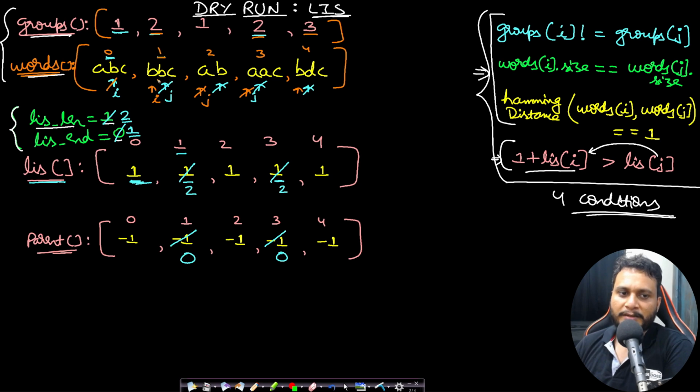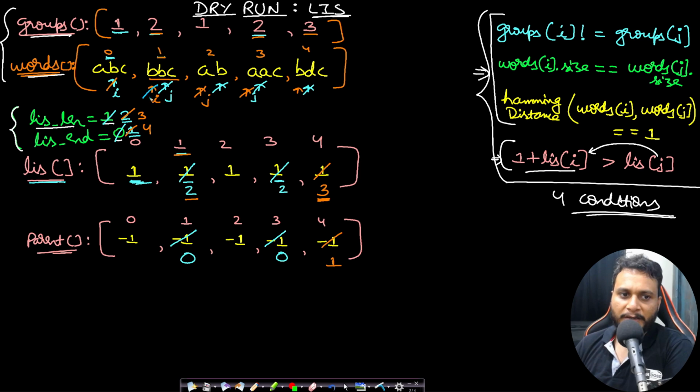So the length of lis ending at index 1 is equal to 2. So it will be 2 plus 1, which will be 3. Now this 4 got updated by 1. That means its previous item must be index 1. So here you have to write index 1. You have seen a larger lis value, so the lis length will be increasing to 3 and your lis end index will be updated to index 4. Okay, I suppose this is clear.